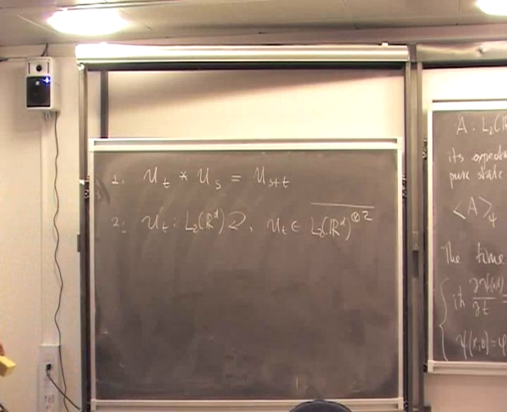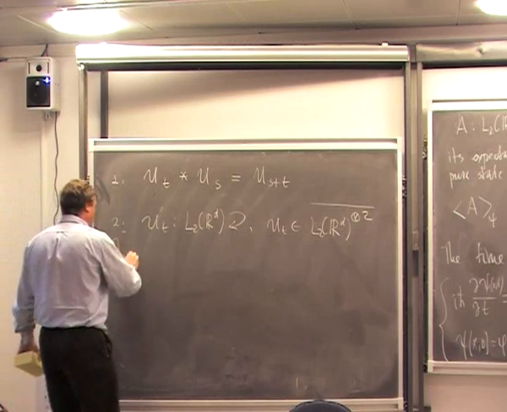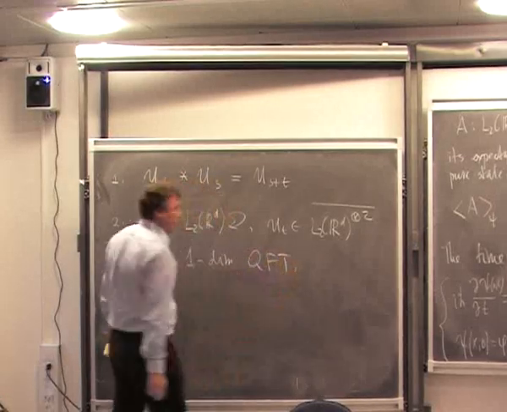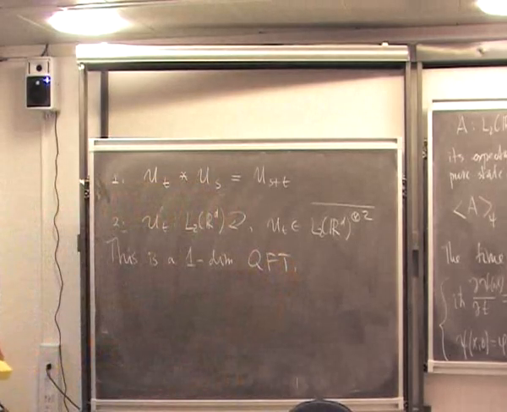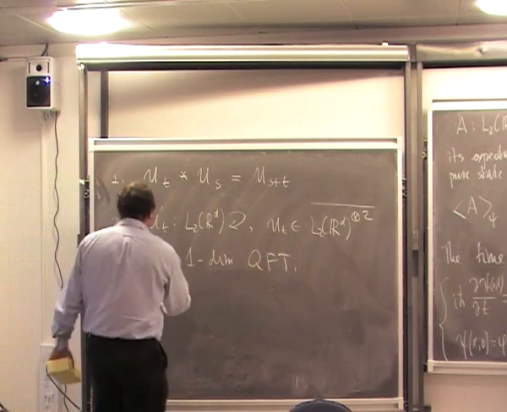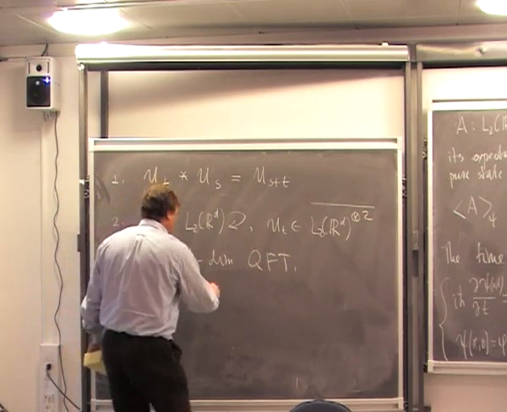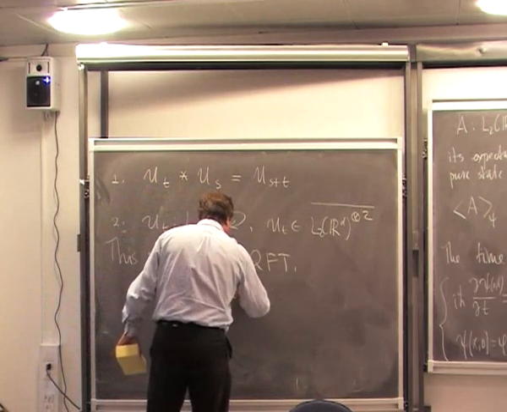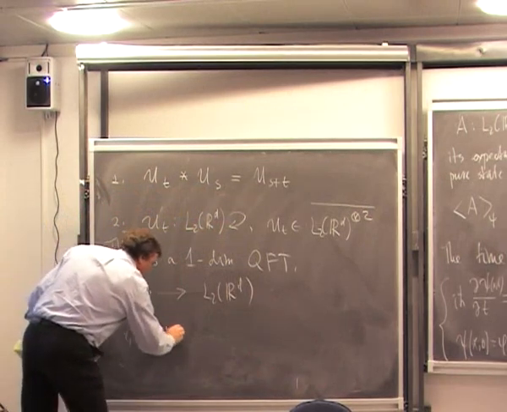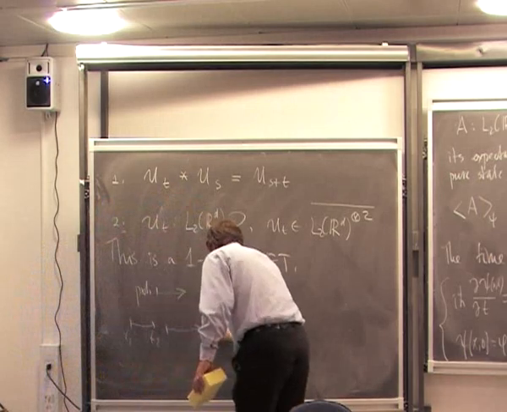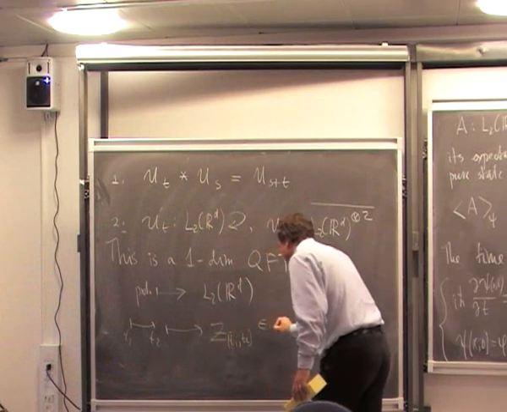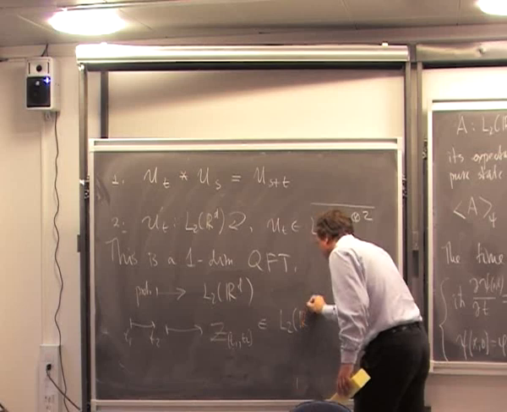And so this is a one-dimensional quantum field theory, with the space-time being one-dimensional Riemannian manifolds, which are intervals in R. So to a point, we assign the vector space L2 R^d, and then to an interval [t1, t2], we assign the vector Z[t1, t2] in the completion.